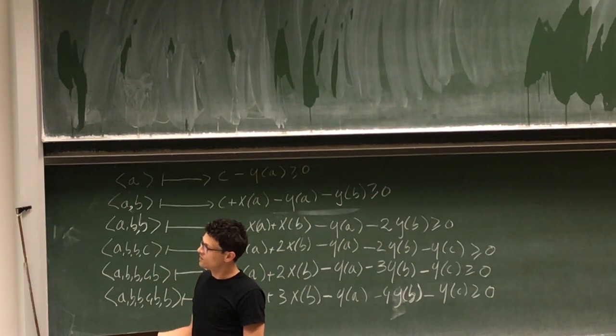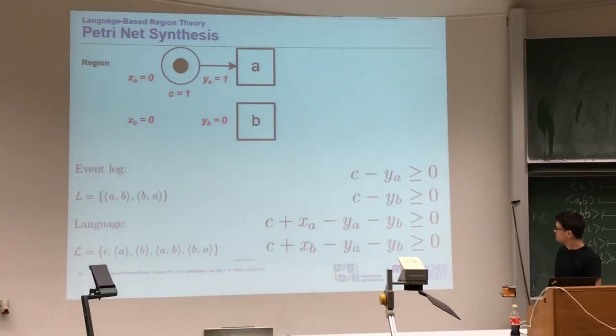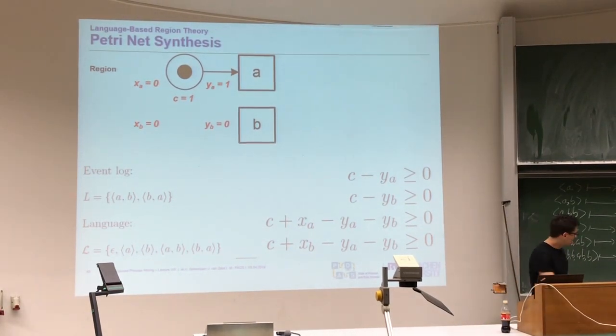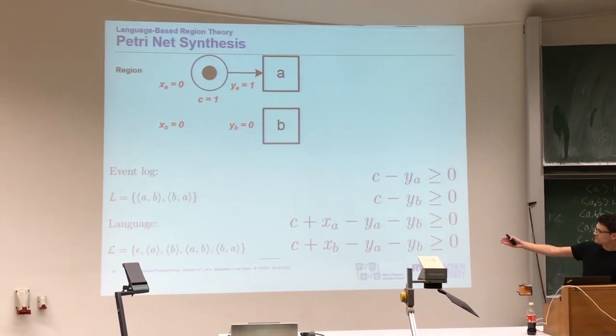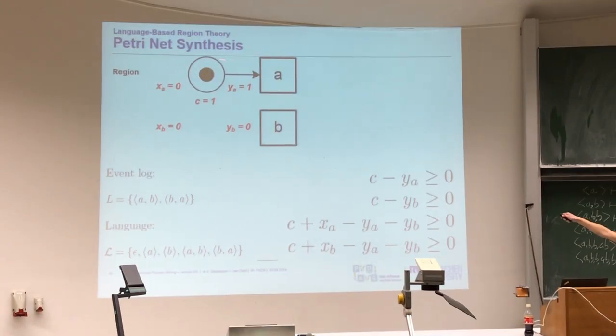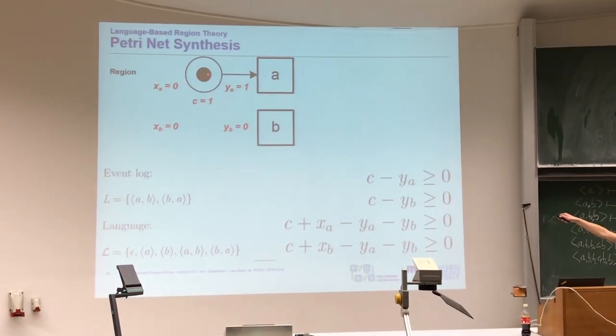So 1 plus 0 minus 1 minus 0 is 0, which is also greater than or equal to 0. That's how it works. If you generate these constraints from that set of sequences, you can, for any possible place that we can think of, deduce these values based on the place, and verify whether that place makes sense or not, given the input event log.